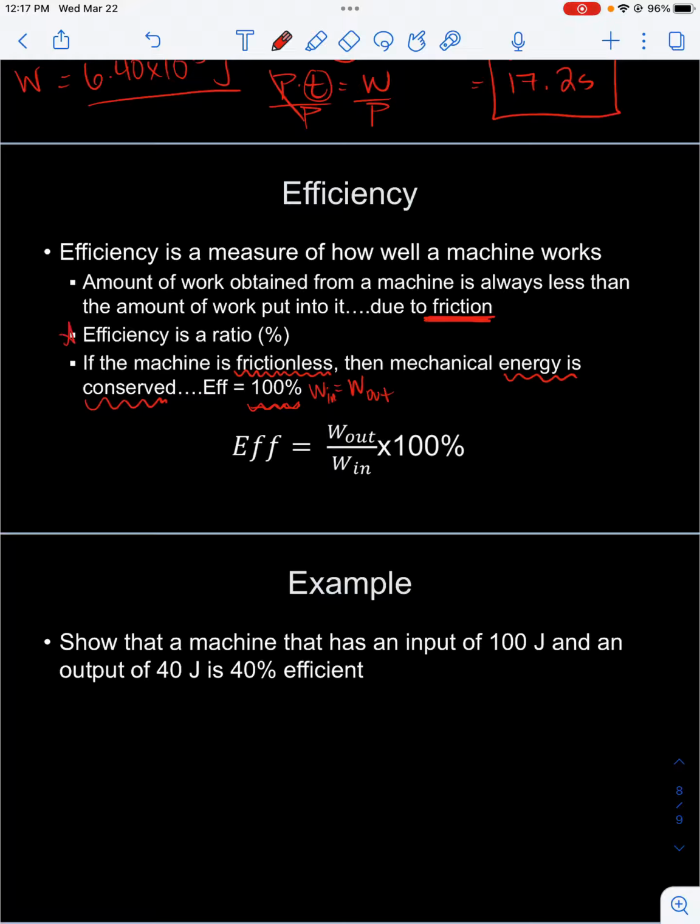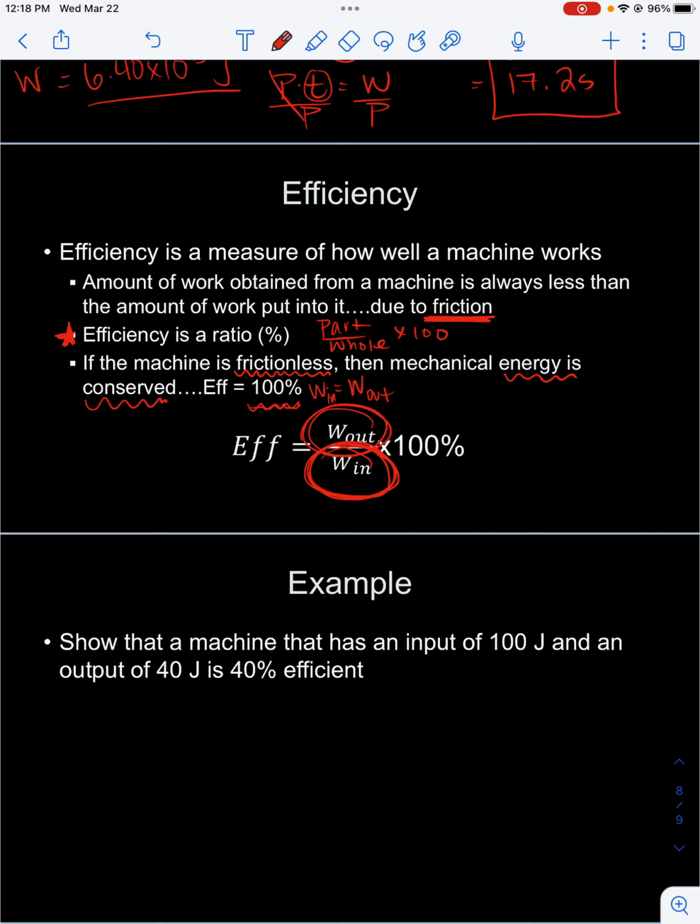So remember that efficiency is going to be a percentage. It's a ratio, so a percentage. And remember, all percentages are part over whole times 100. Well, if we try to think about what would be the part, what would be the whole, our whole is going to be the amount of work that we put in.